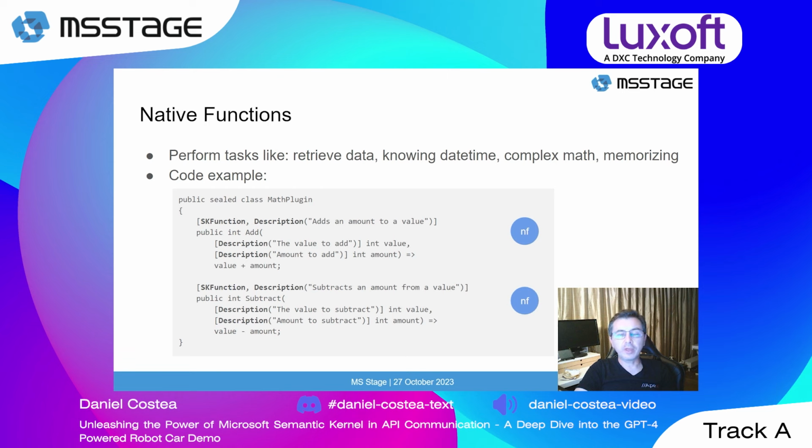Did you notice the SK function attribute in front of the class methods in our sample? By annotating the method with this attribute, we instruct semantic kernel that this method is a native function. In addition, you can notice the description attribute in front of the method arguments or in front of the function. We have to choose these descriptions carefully because the plugin quality depends on them.